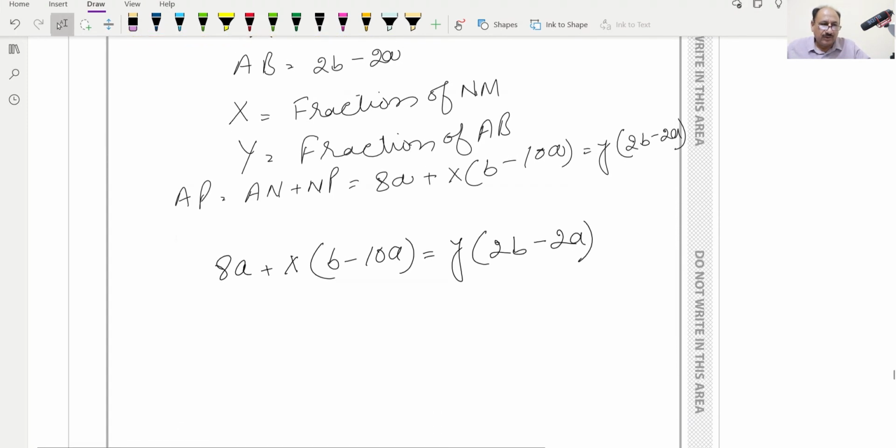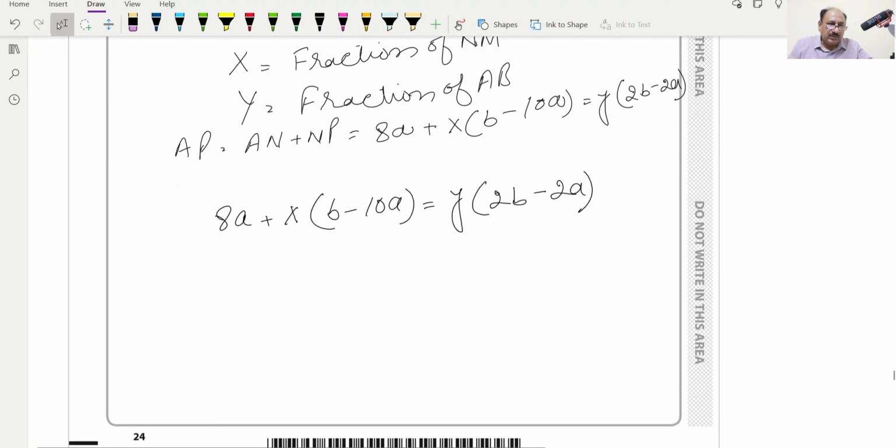We have to simplify this equation and rewrite it. Open this one: 8a is equal to, shifting terms, the coefficient of b we keep on one side and a on the other side.